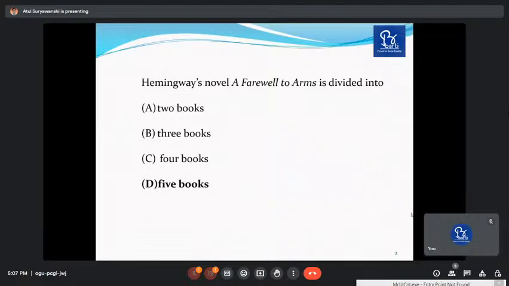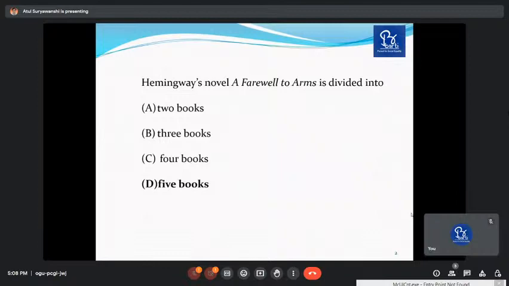Catherine was a loving personality who fell in love with Lieutenant Frederick Henry, and this is the most romantic love story amid the disastrous and fatal First World War. So the moral of this novel is: war is not important, love is important. This is the moral of this novel written by Ernest Hemingway, entitled A Farewell to Arms.